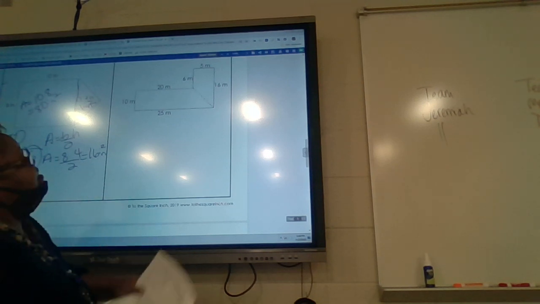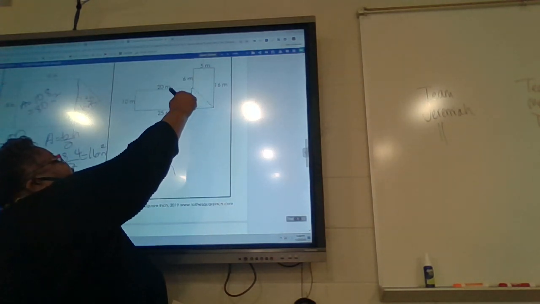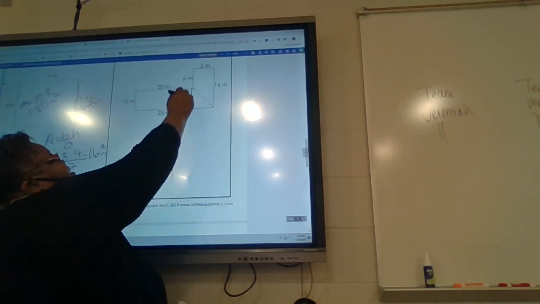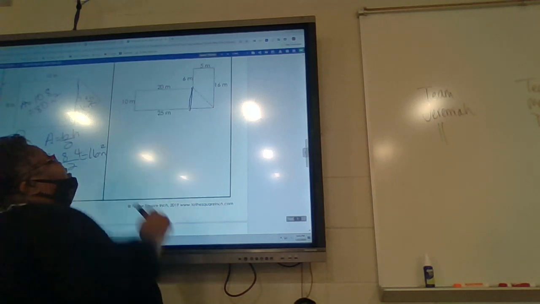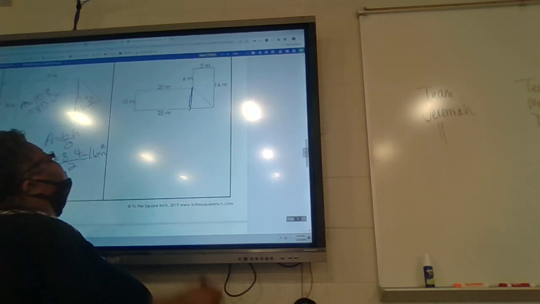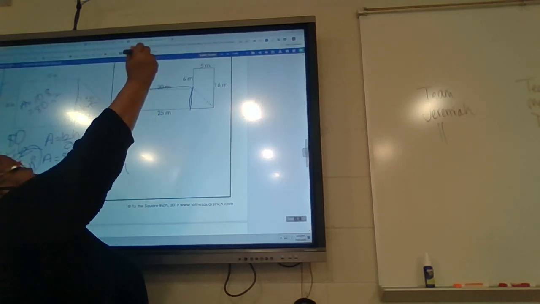Now this, ignore that dotted line, break it up into 2 rectangles. Because that makes life simpler. The more complicated you make it, the more likely you are to mess up. Okay, so this one is 20 times 10. Y'all see that?